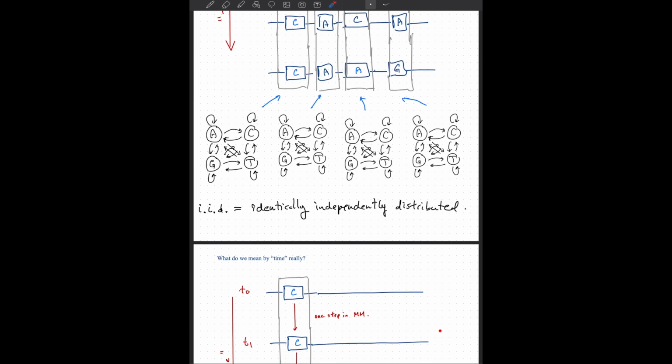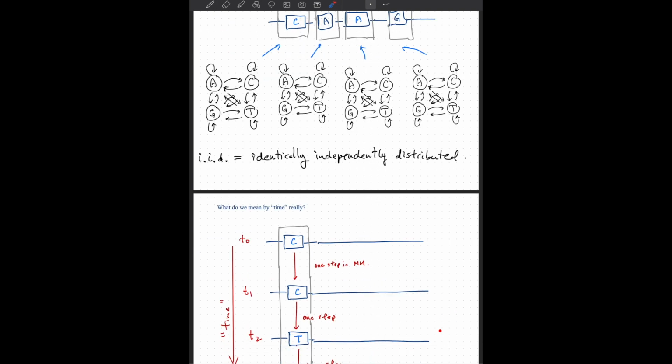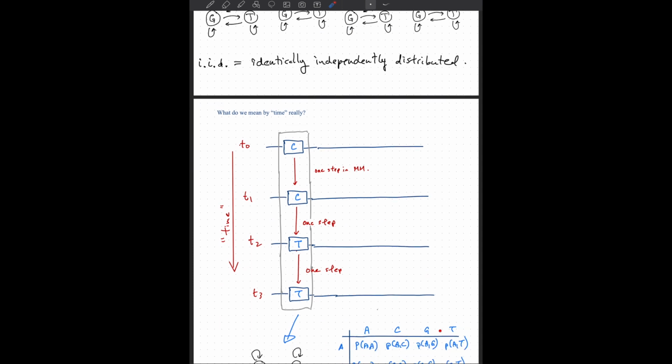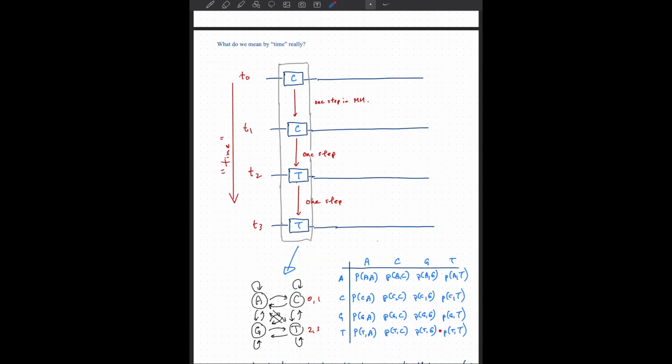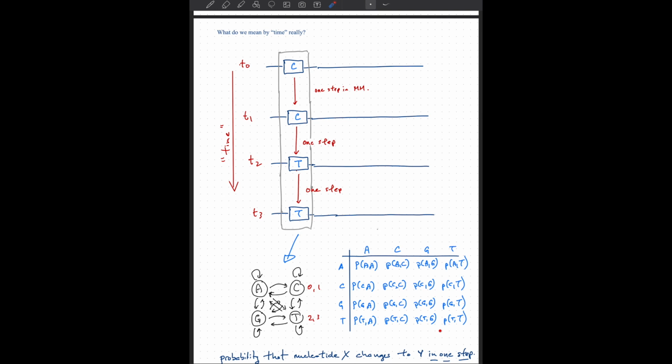So what do we mean by time, really? And this is going to be, like I said a couple times now, the trickiest thing of today's lecture. Let's start with something really simple. Because we're all experts in Markov models, let's think about a step in time to be one step in the Markov model.